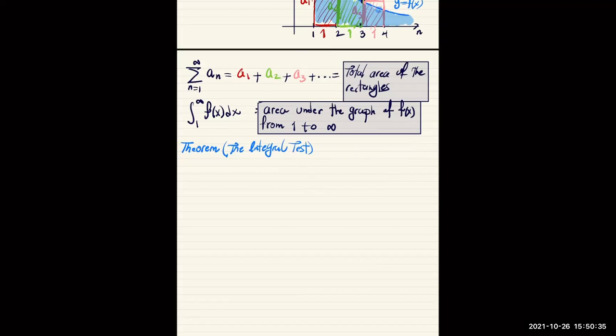Okay, this theorem has 3 requirements, 3 assumptions that have to be met before it can be used.